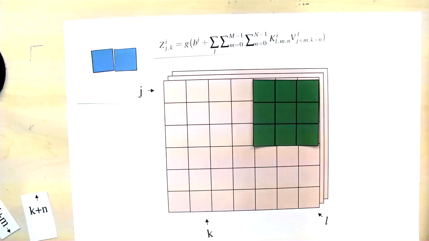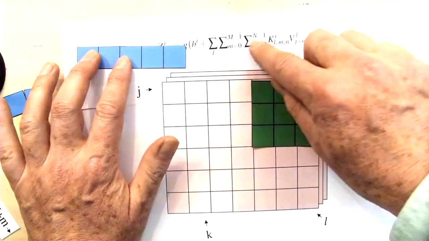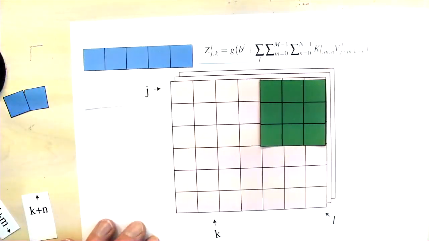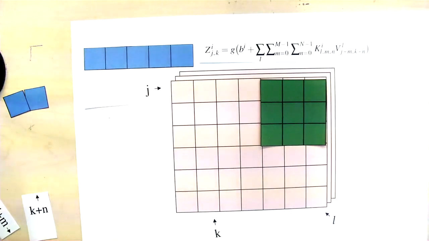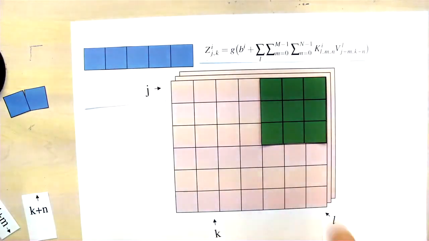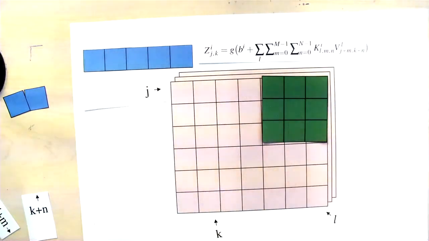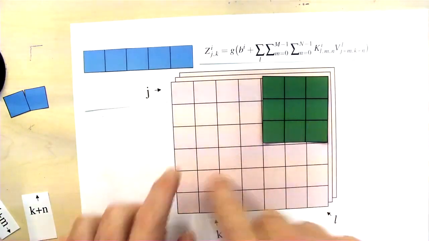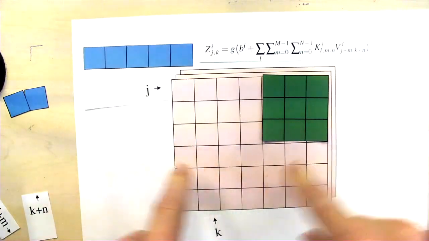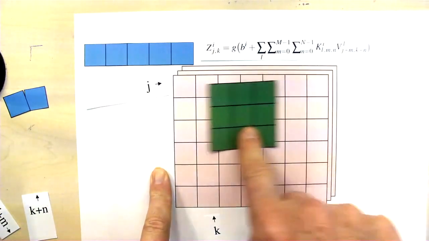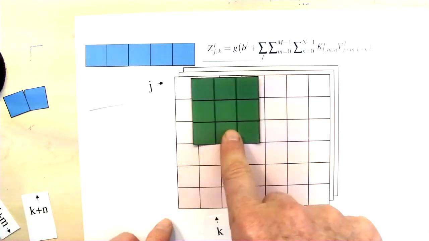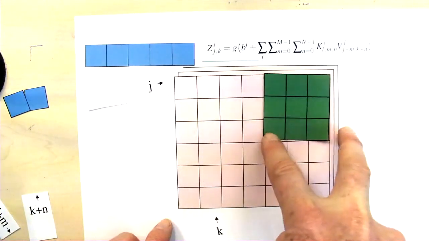So by the time I get to there, I will have calculated 5 nodes in the next layer. In a minute we'll talk about padding, but in this example, this thing actually shrinks a bit because of the size of the filter. The original image is 7 wide, but I only get 5 nodes in the next layer because the filter is 3 by 3.